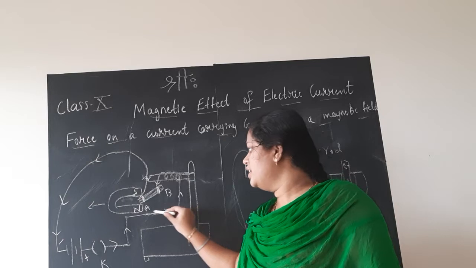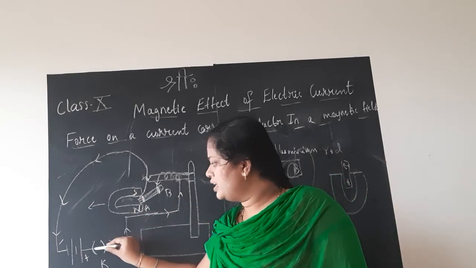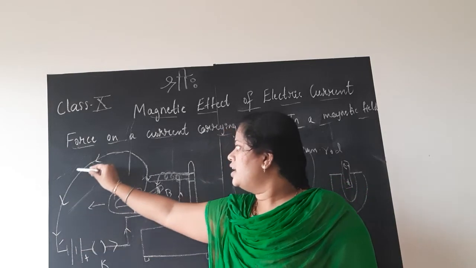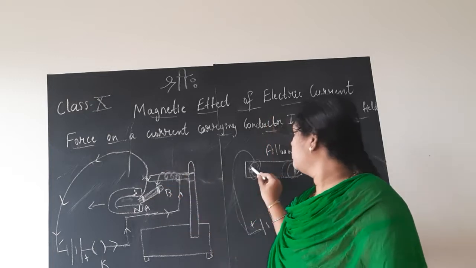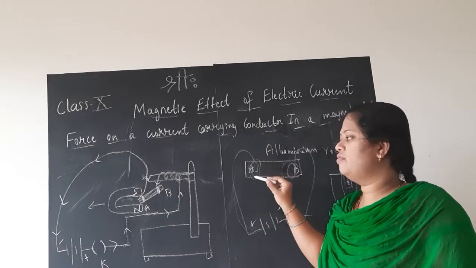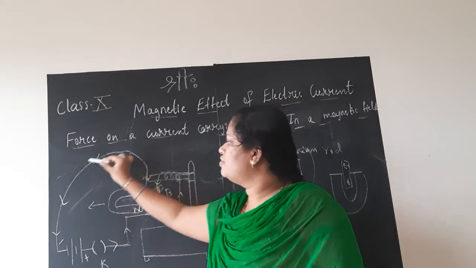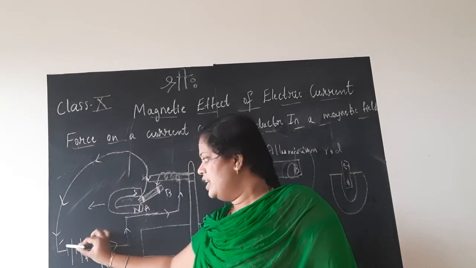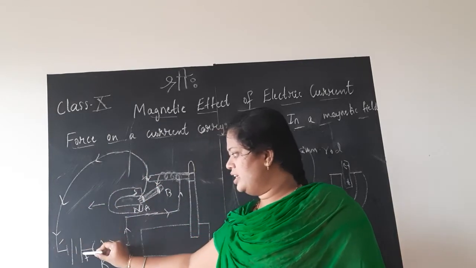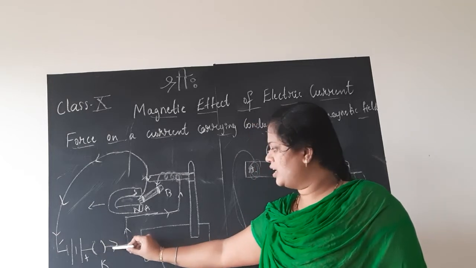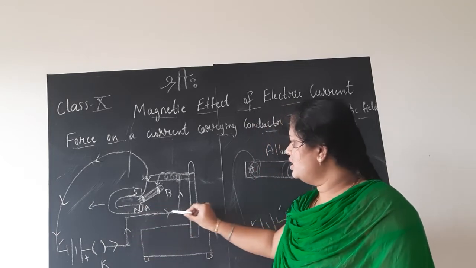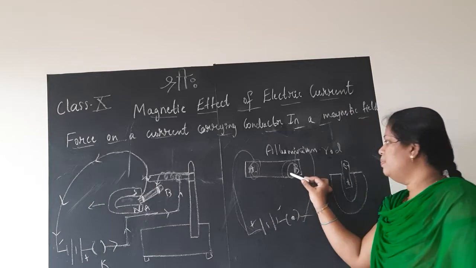One end of the wire is connected to the plug key and the battery, and the other end of the connecting wire to end A of the conductor. End A of the conductor is connected to the negative of the battery. Again from the positive of the battery to the plug key, the other end of the plug key is connected to end B.